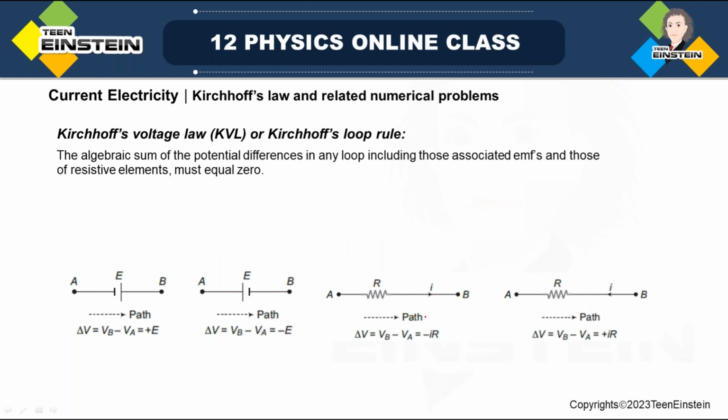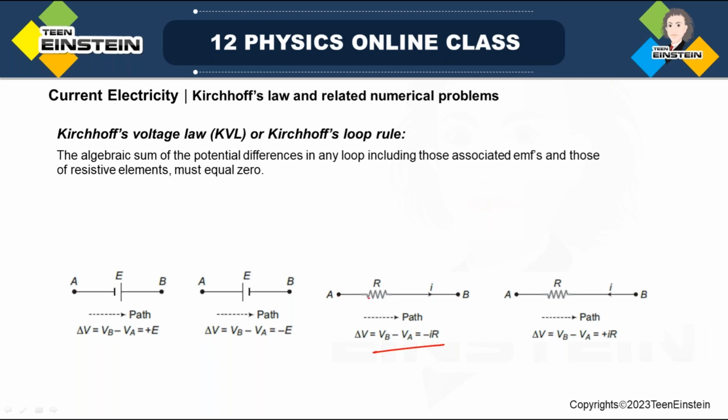You can see in this case, when the current is flowing from A to B, if I take the voltage drop VB minus VA and go in the same direction, here the convention is, okay, VB minus VA, that means this is actually at low potential, and this is at higher potential, so that's why we are taking minus IR.